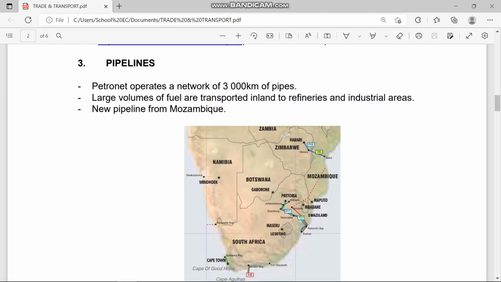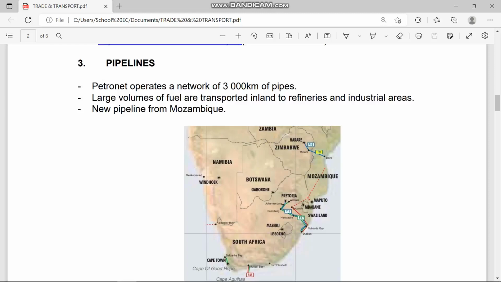That pipeline connects to those towns and cities of South Africa. It also connects from Durban to Richards Bay to Newcastle, from Newcastle to Sasolburg, and all the way to Pretoria and Johannesburg. So this is the pipeline for fuel underground.